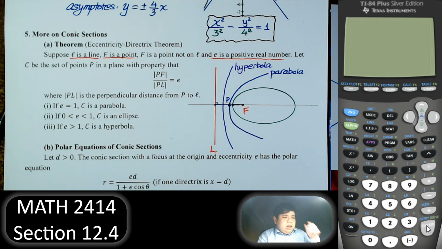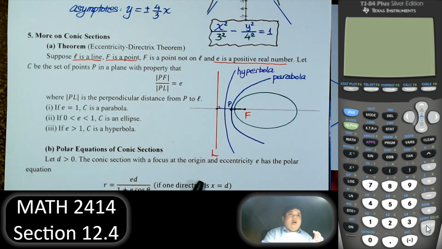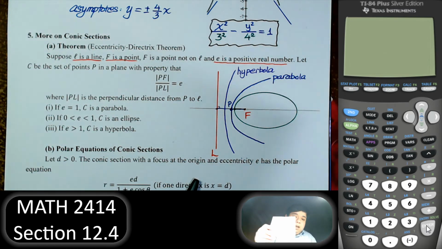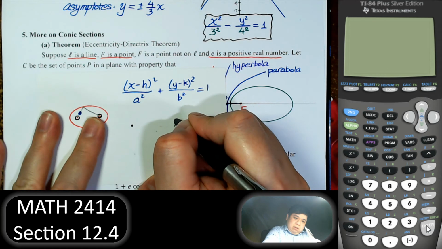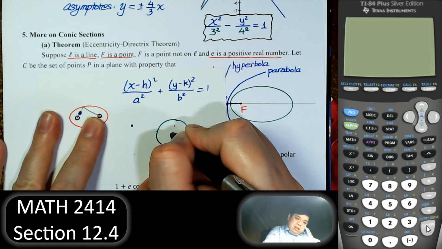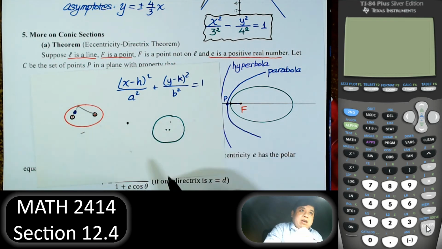And usually, for example, the sun is at a focus and the Earth will travel around it. So the Earth travels around the sun in an elliptical orbit, where the sun is one of the foci. It's not very wide like that. It might be more circular, where the two foci are close to each other, and the Earth will travel around that.